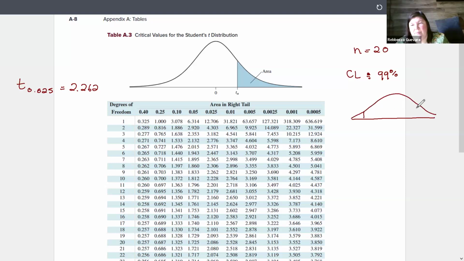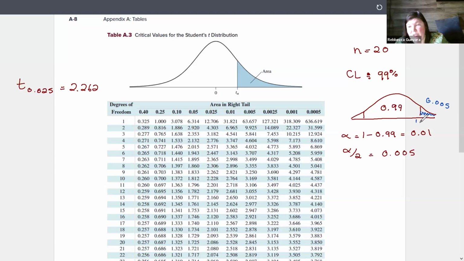Remember, that is 99% in the center. So alpha is 1 minus 0.99, which is 0.01. There's 1% left. If I divide that by 2, I have 0.005. So the area in this right tail is 0.005.